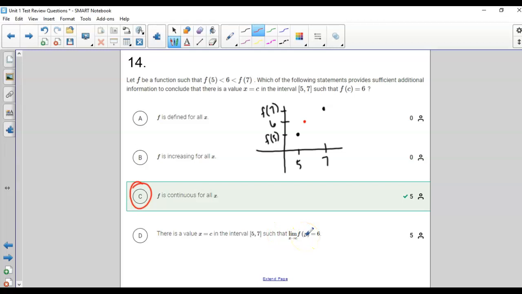But only if it's continuous, because if I have a function, it could be a piecewise function, and it could look like this, could look like that, and then my limit does not exist right there. It's never 6 unless I know that it's continuous. While this is a conclusion you can make if it's continuous, you have to know it's continuous first to make that conclusion. So C is the correct answer here.